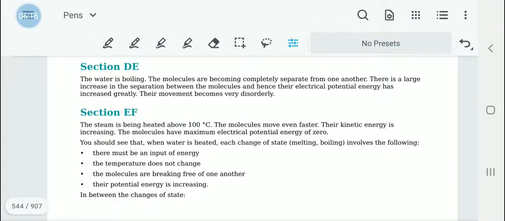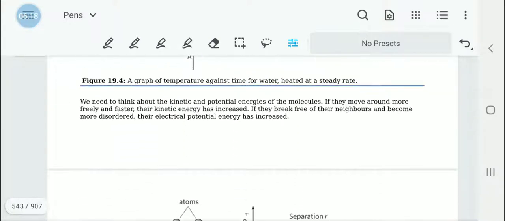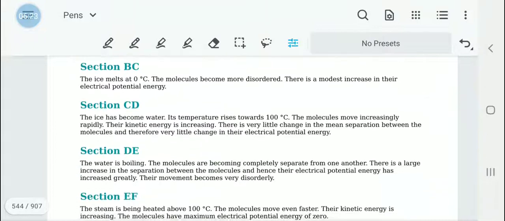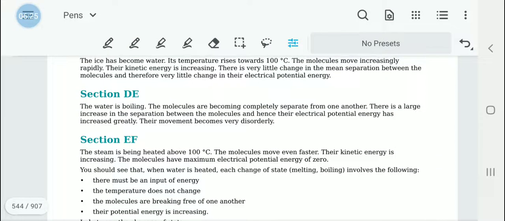Then from section D to E, obviously that is the point when it is turning into a gas. Water is boiling, and the attractions become virtually non-existent. There appears to be a larger separation between the molecules, and as a result, electrical potential energy will increase. Their movements become really disorderly.